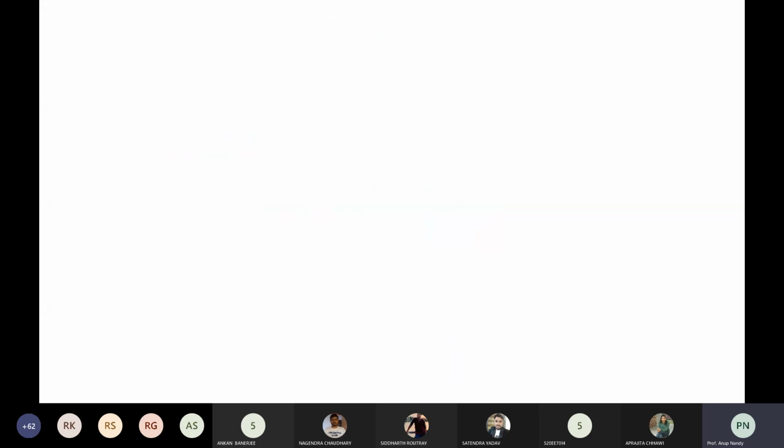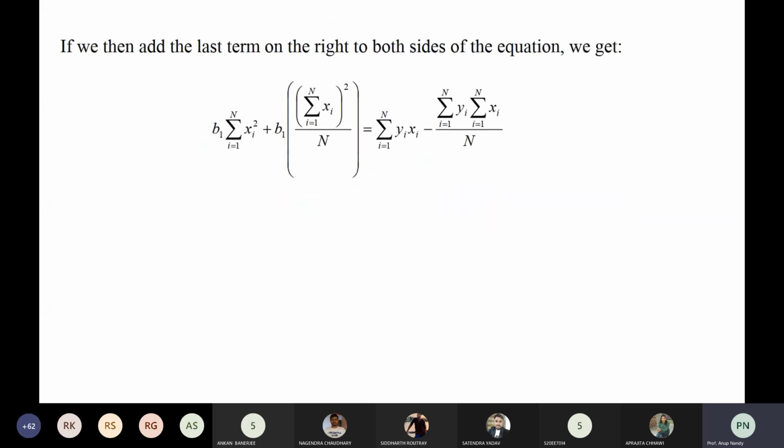Okay, and then you add the last term to both sides of the equation, because there is no b0 now. Now you are just rearranging these terms, putting all the b1 terms on one side and the other terms on the other side.